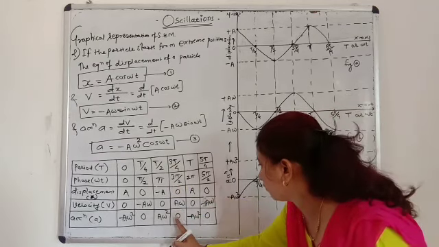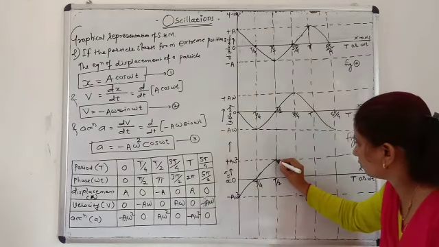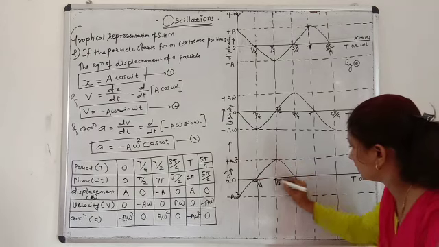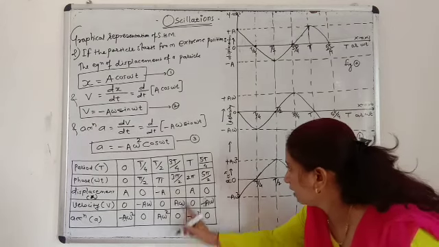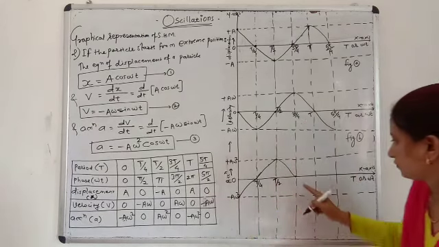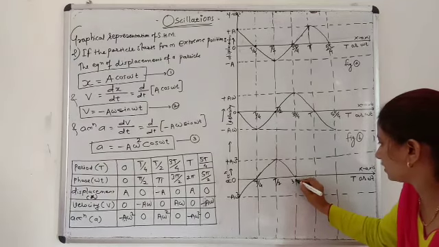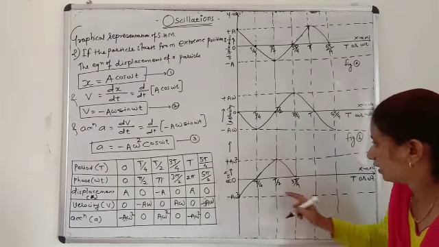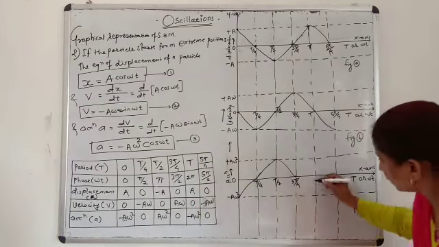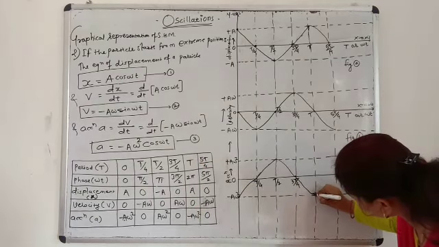Then for 3T by 4, again it becomes 0. The point is like that. This is 0. Then for T, this is 3T by 4. For T, again it becomes minus A omega square. The point is like that here.